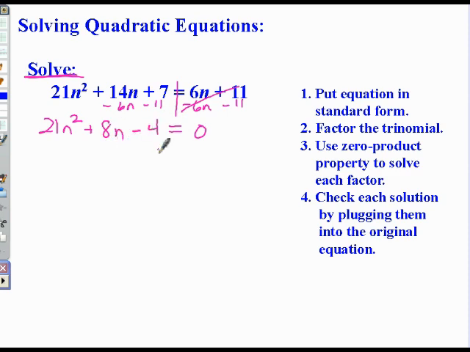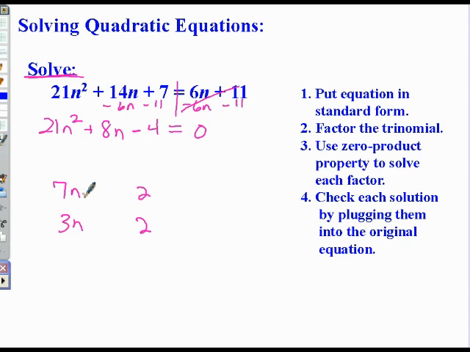So there's multiple ways we could do this. We could use the AC method. Let's go with 7n times 3n for our A term, and 2 times 2. We're looking for difference of 8. So this is 6 and 14, so right off the bat we got it.